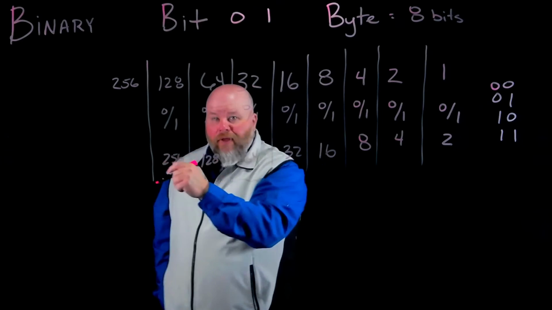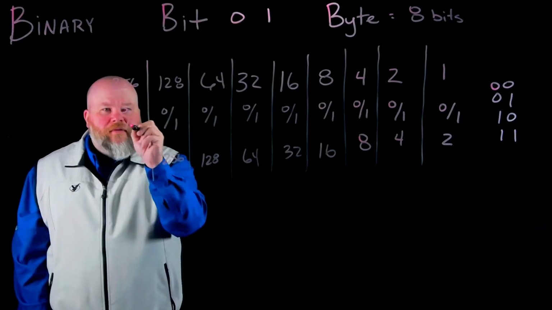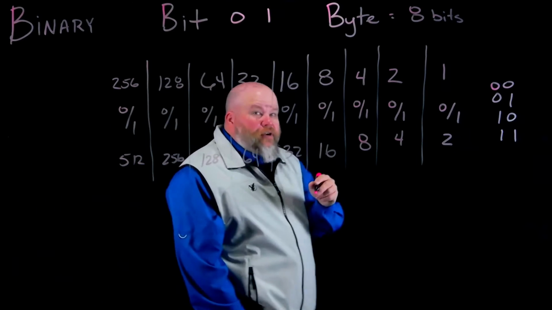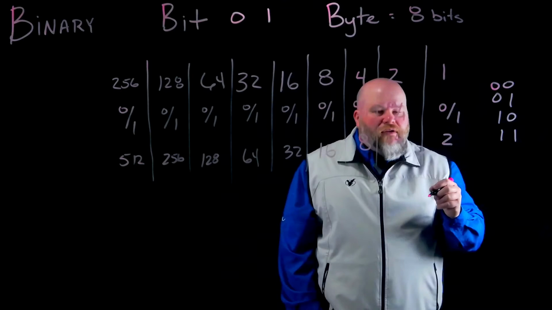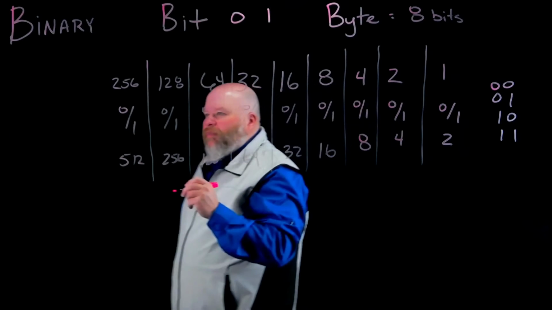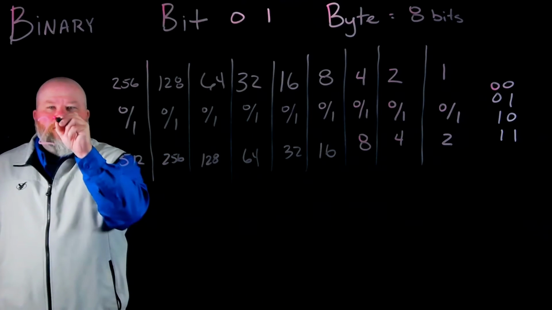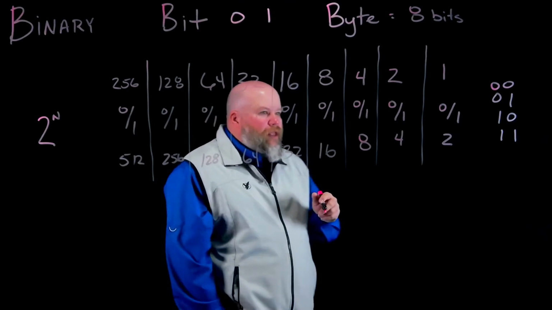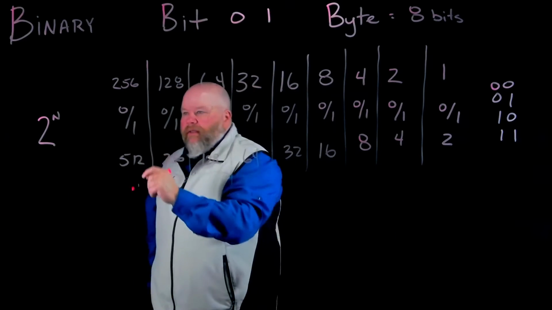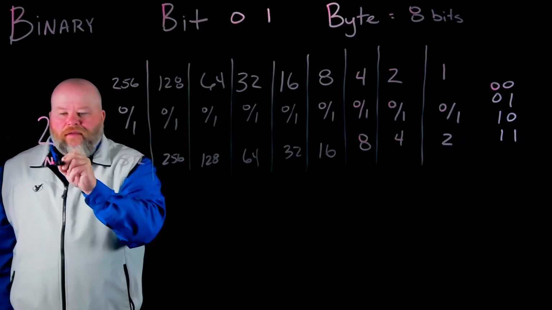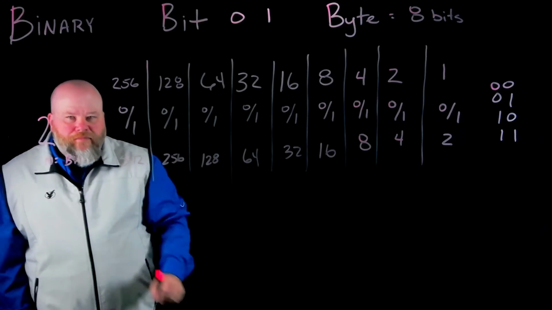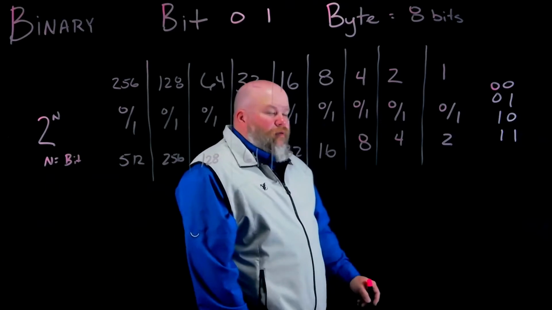And then the next one, if we did go to the 9th, now we can represent this fairly easily. We can use a formula of 2 to the power of n to represent that, where n is equal to the bit.